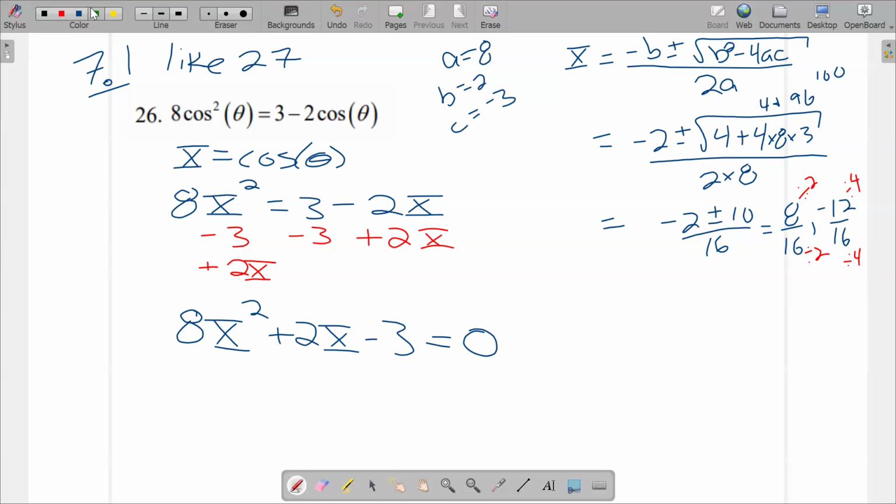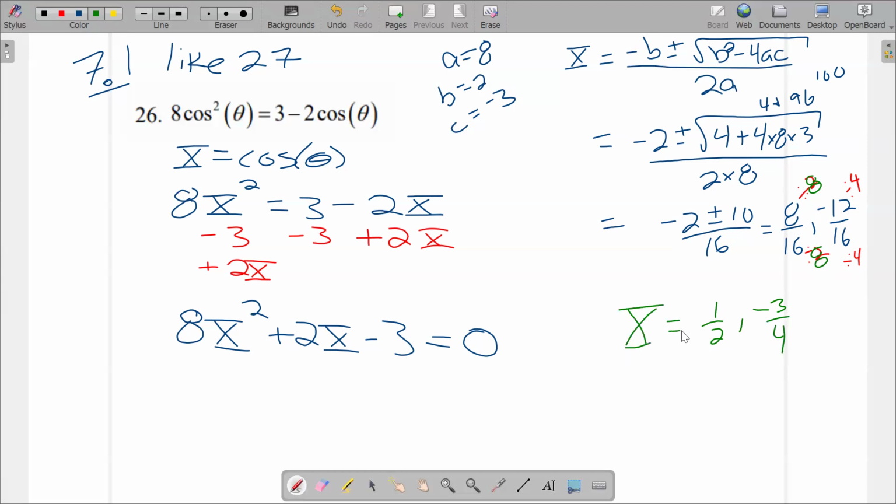So now I have what? Oh, you can do more. Pay attention there. So that's going to be 1/2. And then the other will be negative 3/4. So those are what my capital X equals.